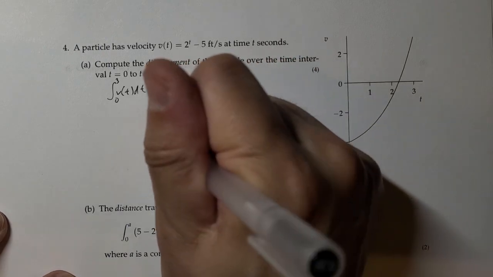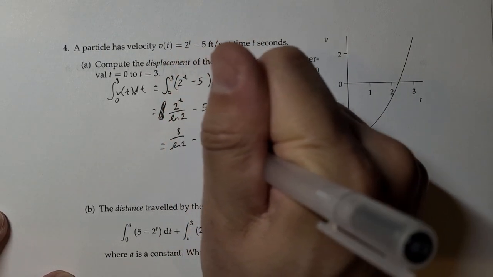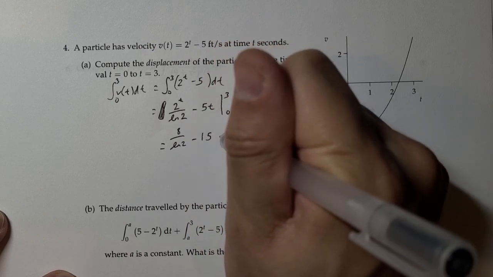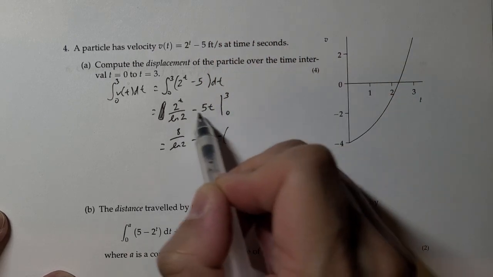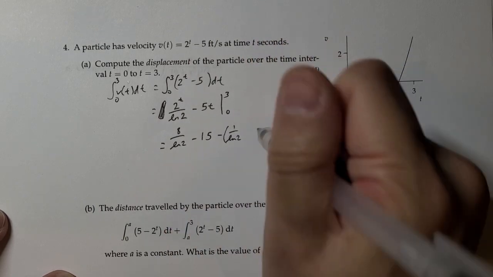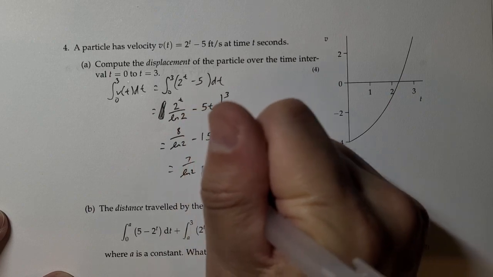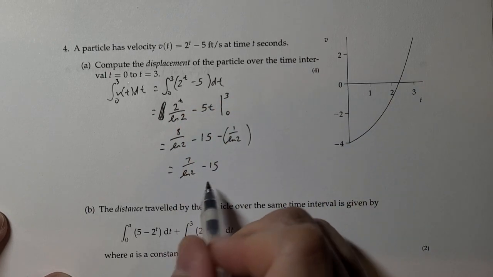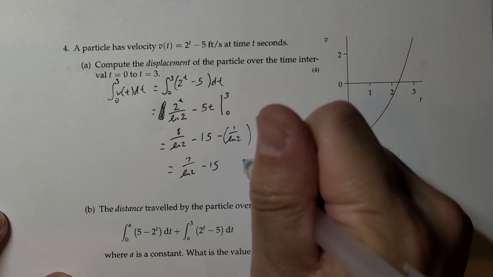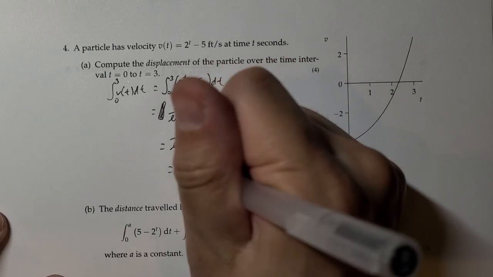So this is 8 over ln 2 minus 15, minus, 2 to the 0 is 1, so 1 over ln 2 minus 0. So this is 7 over ln 2 minus 15, and the units would be feet. Okay, that's how we solve this one.